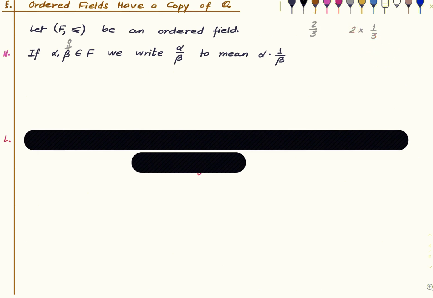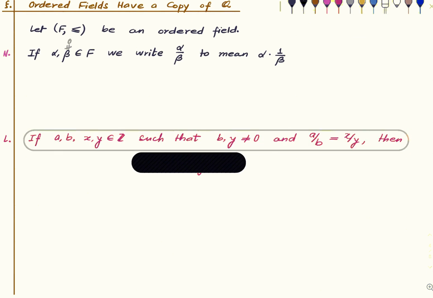The way we defined the multiplication of rationals tells us that this is actually also equal to this product. So this notation is consistent with what we already do for rationals. There is no conflict of notation. Okay, so with that, we can state this lemma.